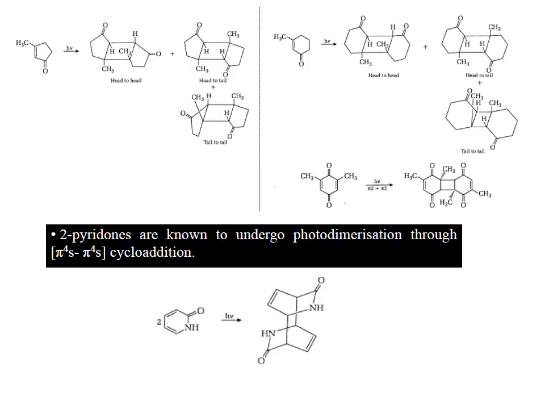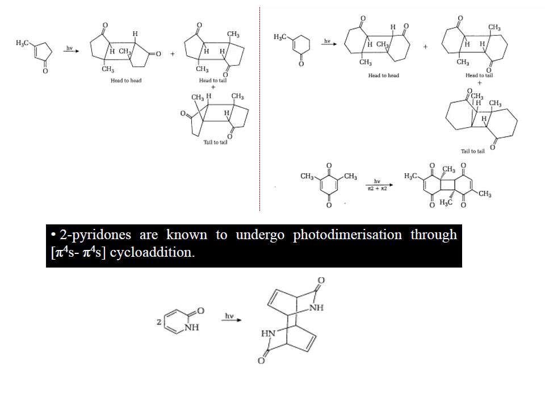Now, the photodimerization of alpha beta unsaturated ketones provides a further class of pi2s plus pi2s, that is the 2+2 cycloaddition, and is demonstrated for 3-methyl cyclopent-2-enone with the formation of head-to-head dimers and head-to-tail dimers, as we see in this example. These alpha beta unsaturated enones absorb light of wavelength 300 nanometer and get the n to pi asterisk excitation.